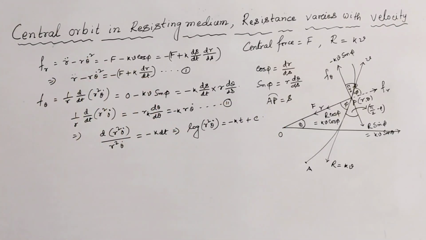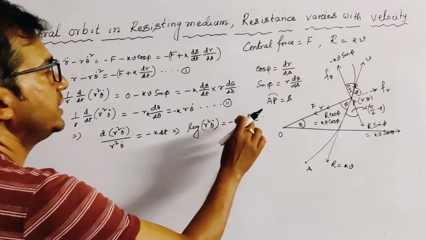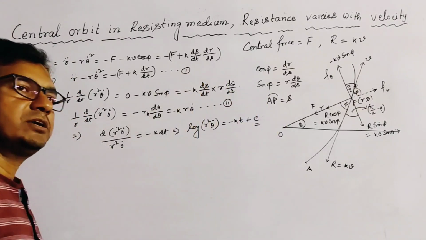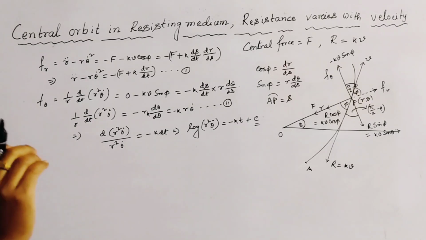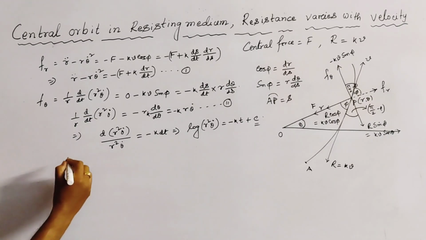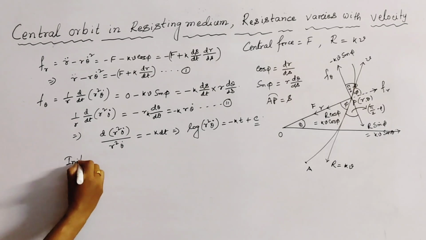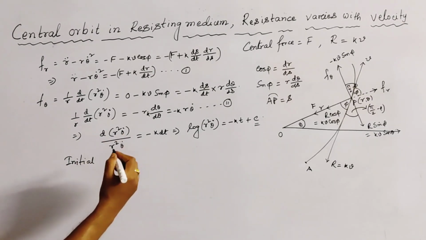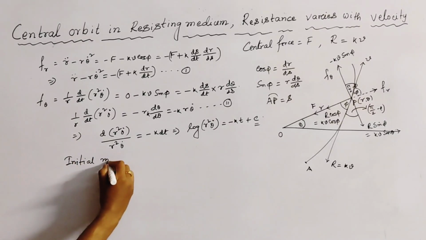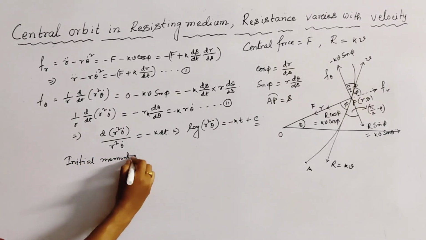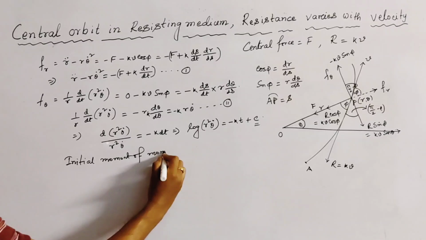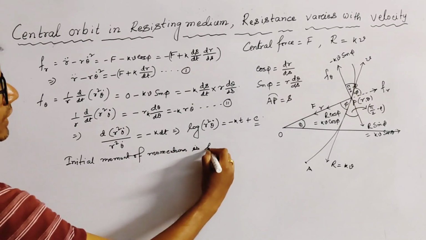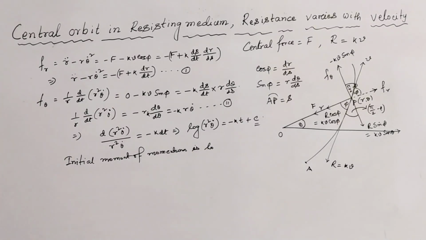Now to find the integrating constant c, we set an initial condition: let the initial moment of momentum, or angular momentum, be h0.